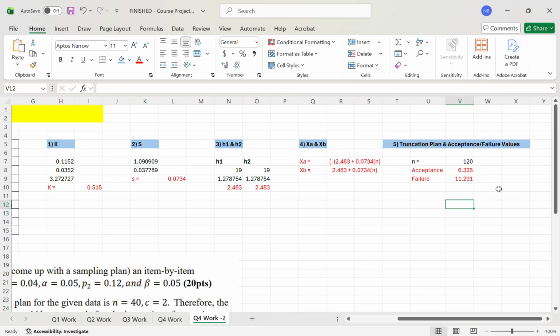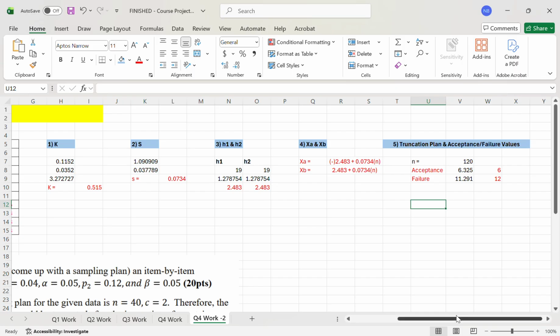So for your acceptance, it's very important that you always round down, right? So we're going to have 6 as our acceptance, and for your failure, it's always important that you round up. So we're going to have 6 and 12 as our acceptance and failure numbers.